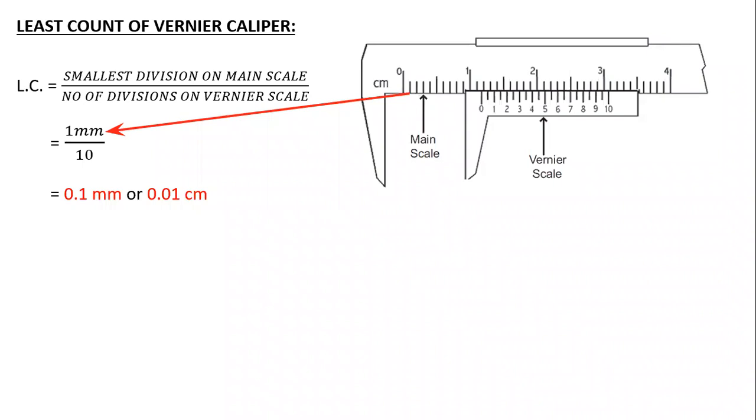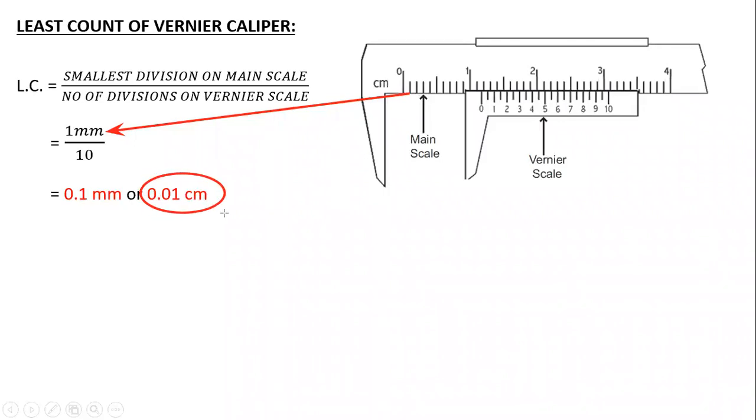The first slide I showed was for a meter scale. For the meter scale, the smallest reading was 1 millimeter, which is 0.1 centimeter. The vernier caliper has 10 divisions more in 1 millimeter, which means the smallest value measured by this instrument is 0.01 centimeter. So that is your least count for a device.